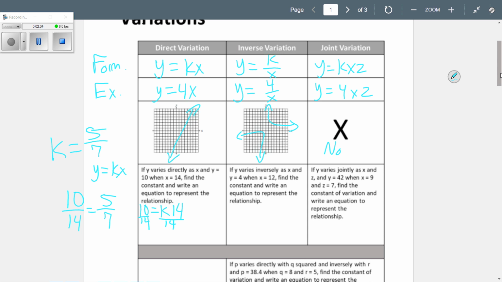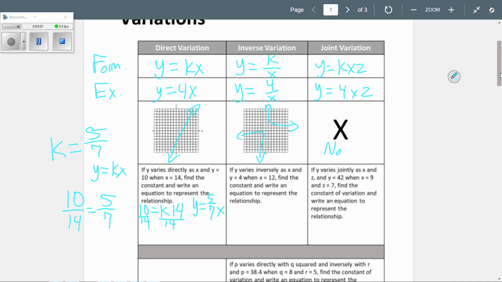Alright, so the equation we write, we don't have to solve anything else. It just wants us to write the original equation. So the original equation, so that means the equation where we don't know y is 10 and we don't know x is 14. So the original equation would be y equals k times x. And we know k is 5 over 7. So y equals 5 over 7 times x. And that would work for any numbers.